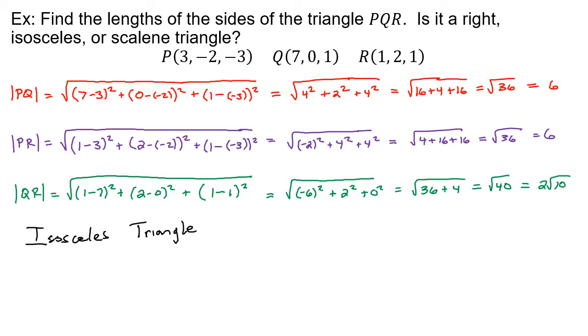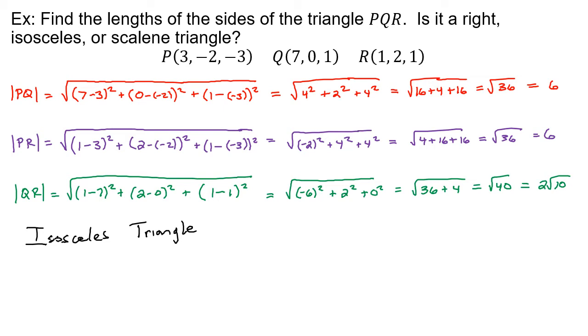Now, an isosceles triangle can also be a right triangle. For instance, your 45, 45, 90 triangle is a right triangle, which has sides of either root 2 over 2 or root 2. They have 2 sides that are the same. And so an isosceles triangle is also possible to be a right triangle. They don't always have to be. But we do need to check to see if it is.